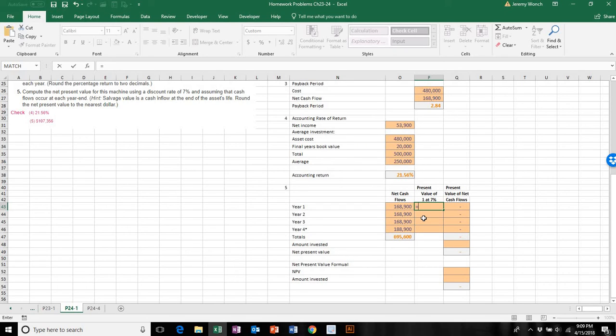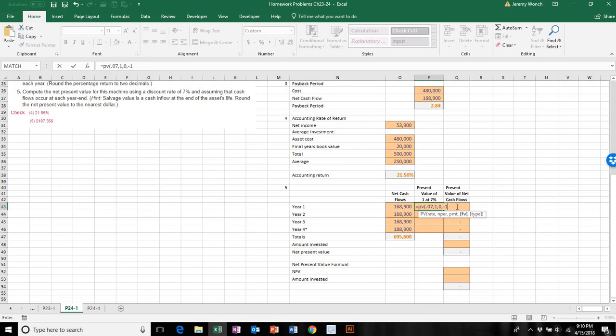If we want to get our net present values, we want the present value of 1, and to do that we use our present value formula. First we enter our interest rate of 7%, number of periods, we're just looking at 1 period here, 0 for payments, we're not taking payments into consideration, and we just want to know what the present value of $1 is.